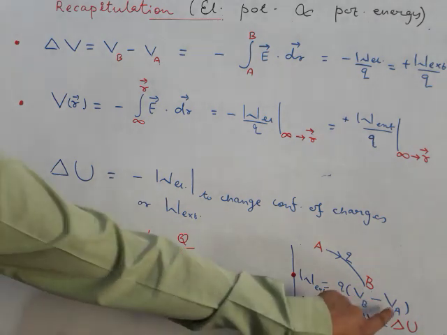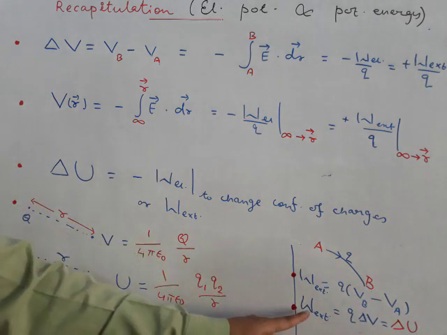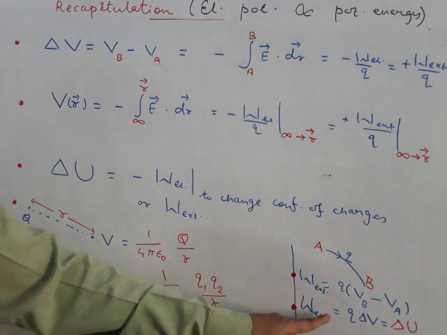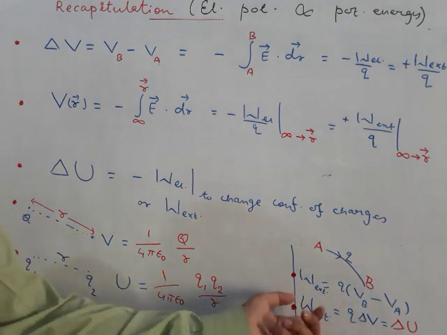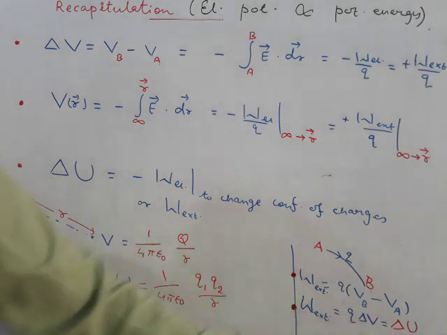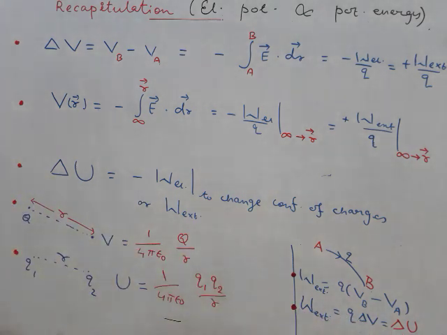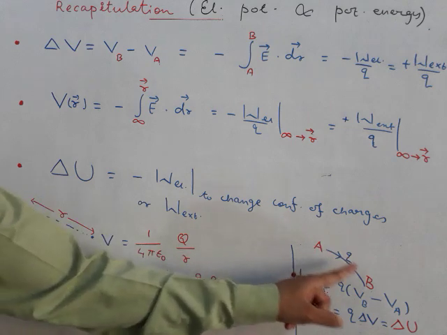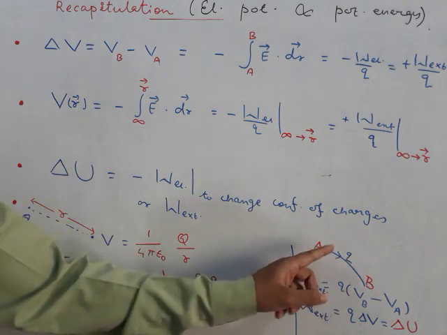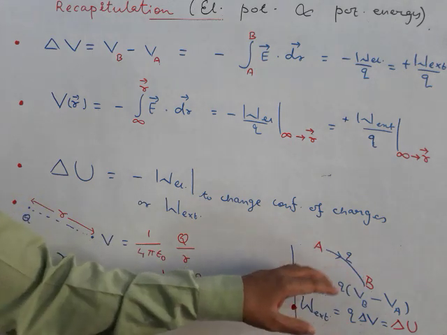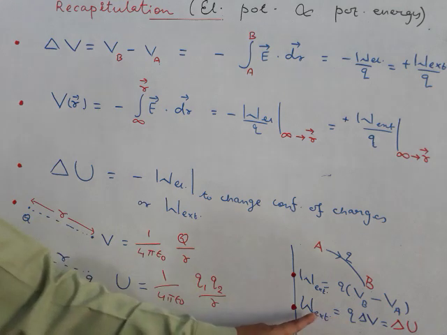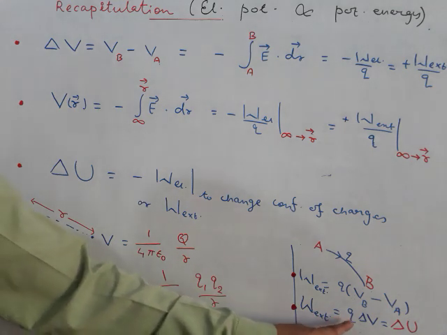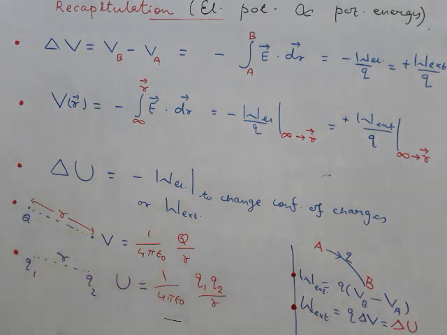This VB minus VA we can write as delta V. So the external work done, W external, is equal to Q times delta V. And this external work is nothing but a change in potential energy. If charge Q is taken from A to B, where points A and B lie in regions of electric field, then the potential energy changes by an amount delta U, which is equal to W external, which is equal to Q times delta V.